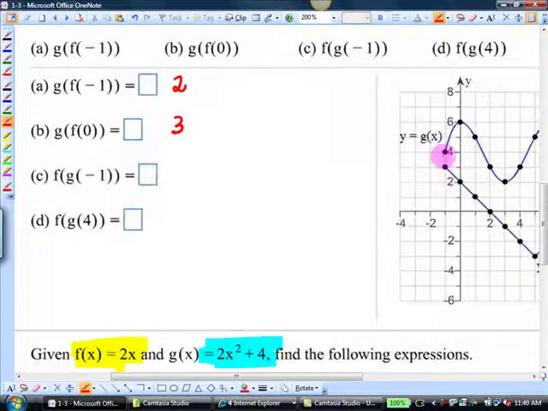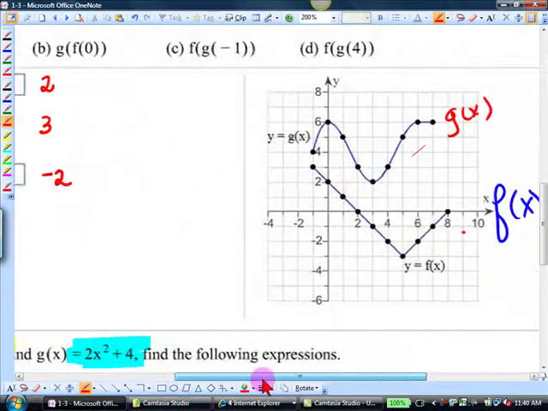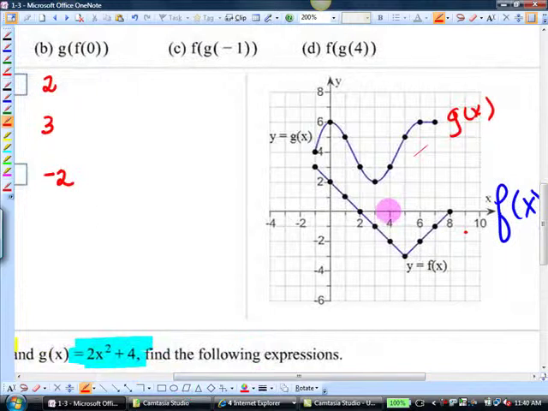You go up to the g and you're at 4. And then at 4, you go down to f, you're at -2. Okay. Last one, f of g of 4. So you start at 4, go up to g, you're at 3, and down to f, -1.